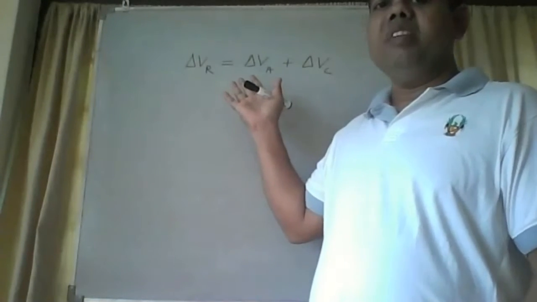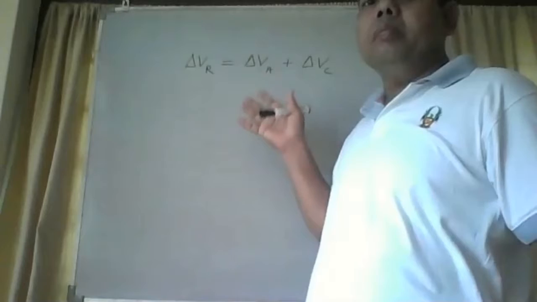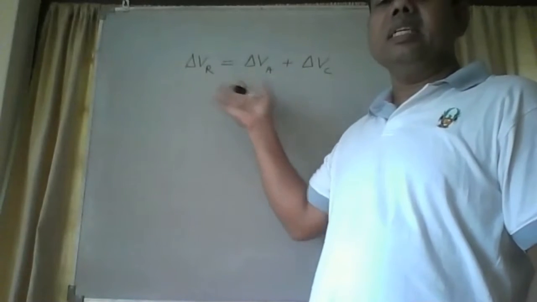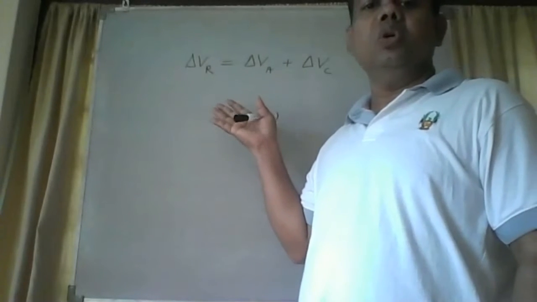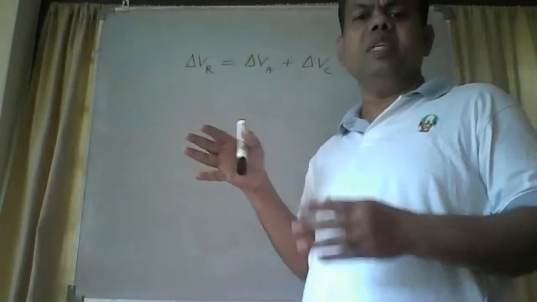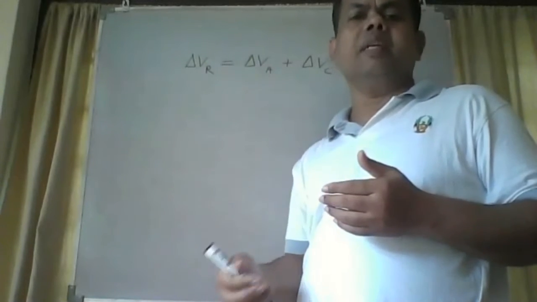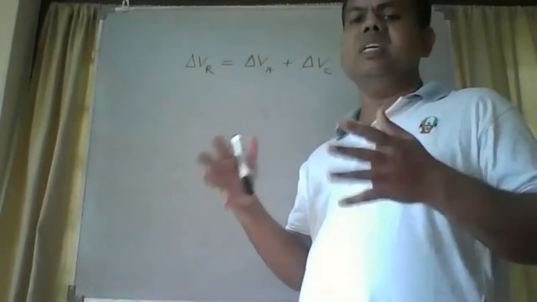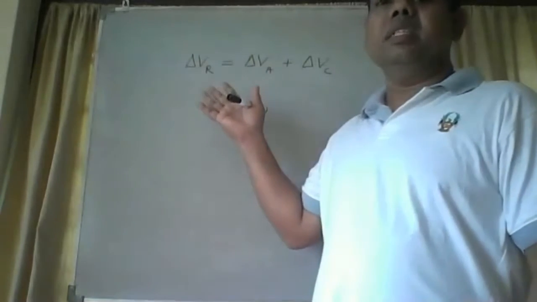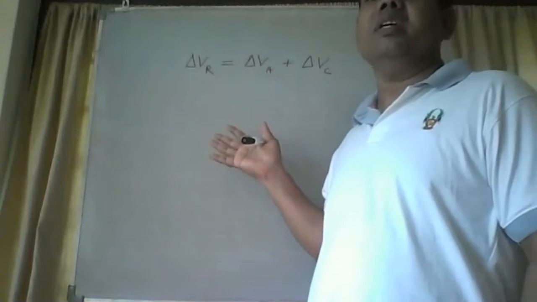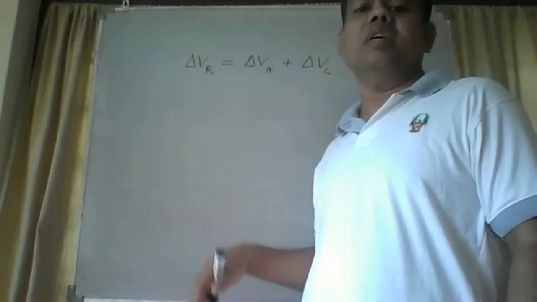Now, I will manipulate this relationship in order to get a relationship between real expansivity and apparent expansivity of a liquid. However, this proof is not expected to be known by A-level students.